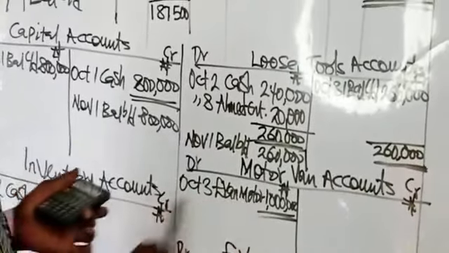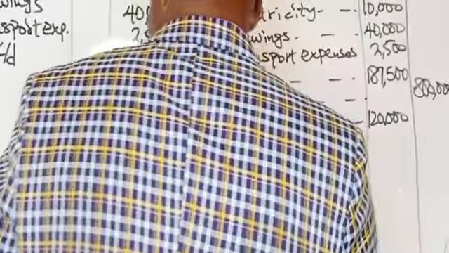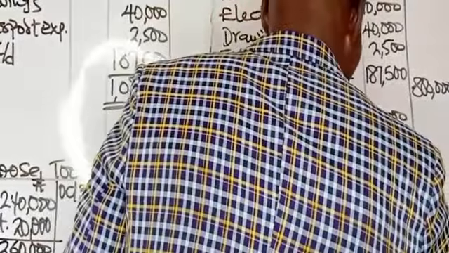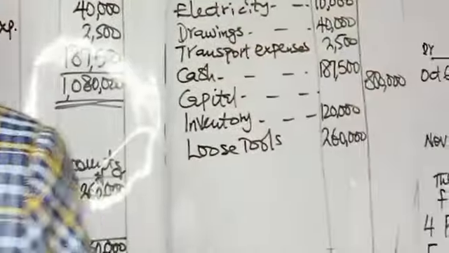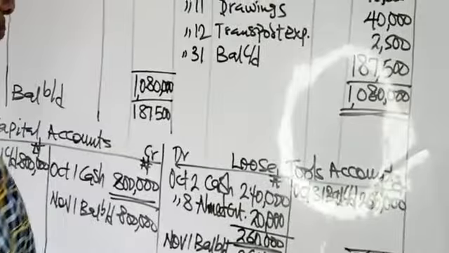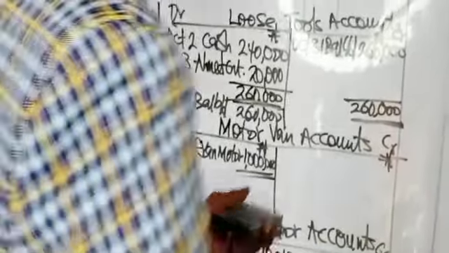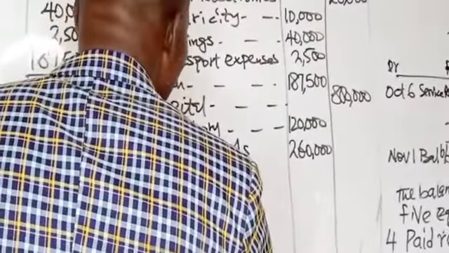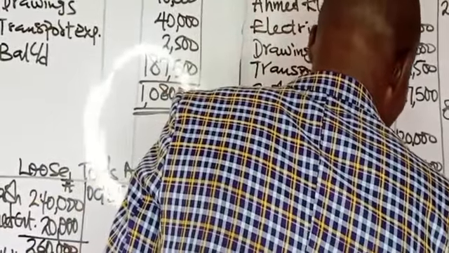Loose tools, debit balance of 260,000. Then we have motor van, debit balance of 1 million. Motor van, 1 million naira.